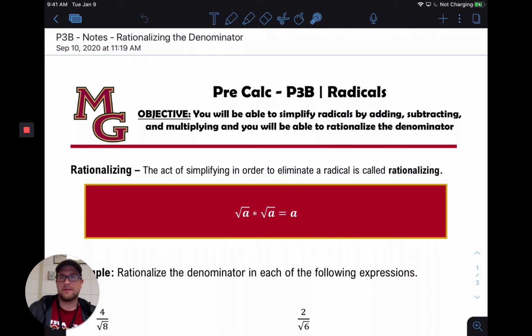So before we can talk about what rationalizing the denominator is, we've got to first understand what rationalizing is. Rationalizing is simply the act of simplifying in order to eliminate a radical. Now, we can eliminate radicals primarily by multiplying by the same radical.